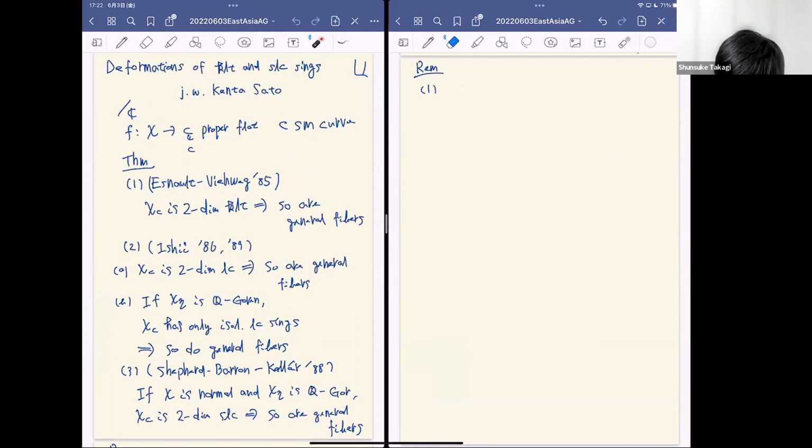What I want to say is that the analog of the Nakayama-Kollár result does not hold in higher dimension if you don't assume anything about the generic fiber. Let me give an example.